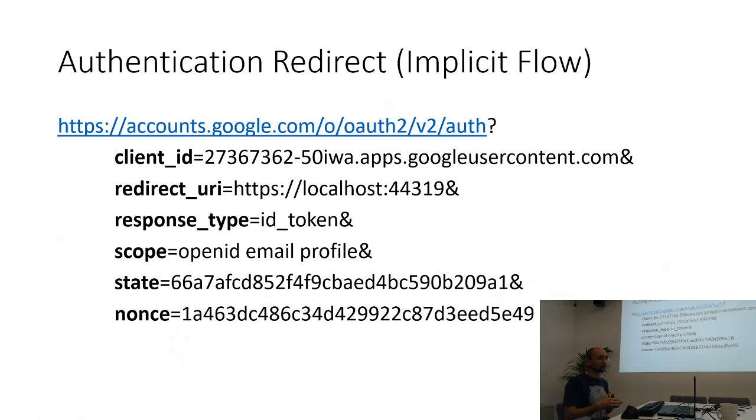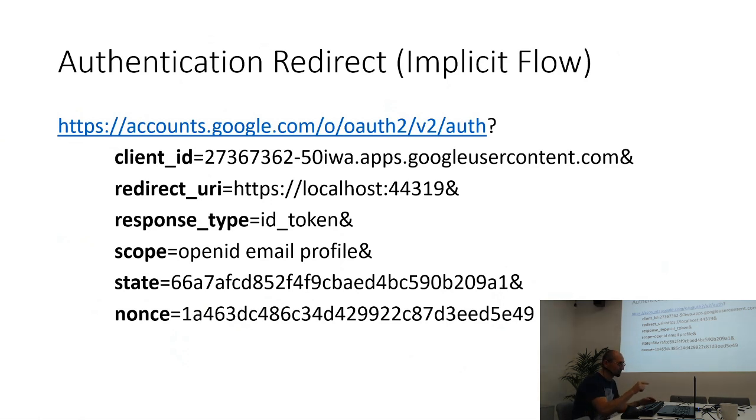By profile, the standard means the personal information like first name, second name, your picture, or whatever the provider has about you. The state and nonce are not important. They are about this flow, but I will not go into the detail of this flow because I will show you the flows which are recommended these days.